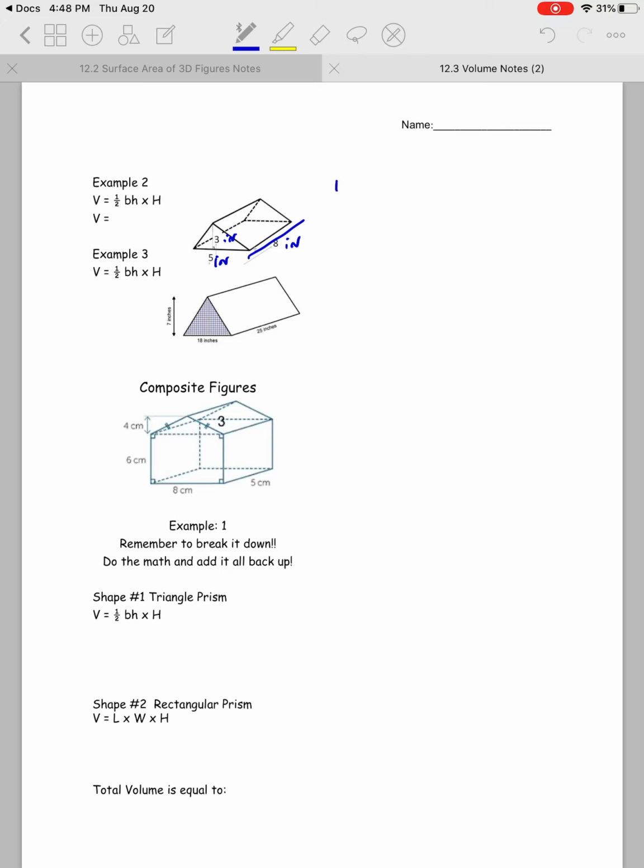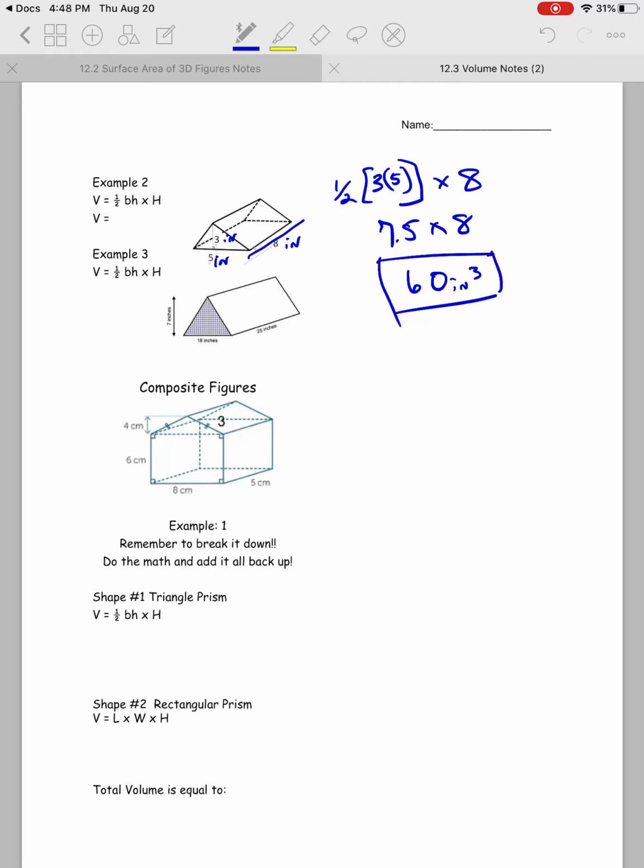So 1/2 base times height, or 1/2 3 times 5 times 8. 3 times 5 is 15. Divided in half, or divided by 2, or multiplied by half is 7.5 times 8. And 7.5 times 8 gives you 60. And we called it inches cubed.